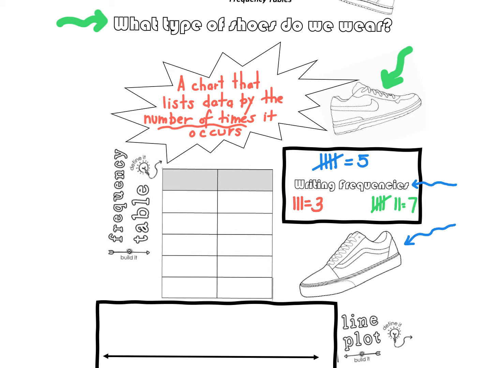In this side, we're going to put the brand of the shoe. And on this side, we're going to put the frequency. That means the number of times. So I'll put the little number sign. This is not a hashtag. This represents the word number. Okay, so say for instance we have students in class that are wearing Vans, or even teachers.